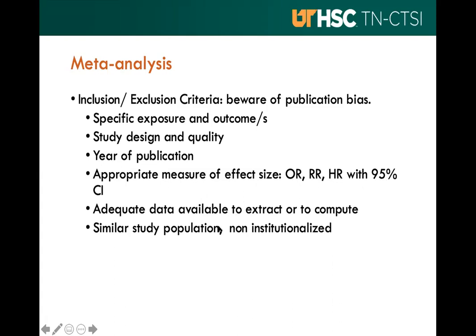Adequate data should be available to extract or to compute for the meta-analysis, for a study to be included in the meta-analysis. And the studies should be as similar as possible. For example, studies conducted in children should not be combined with studies conducted in adult population.